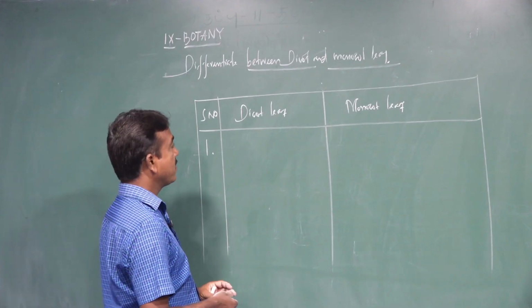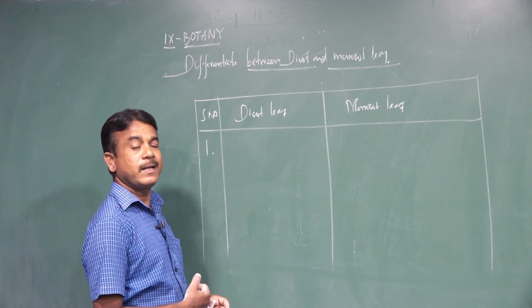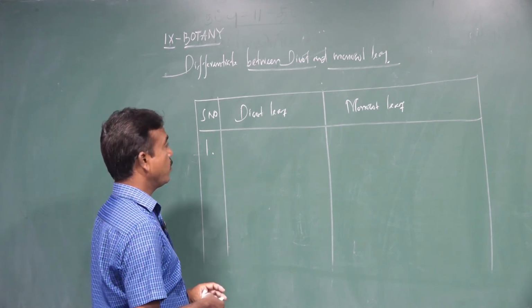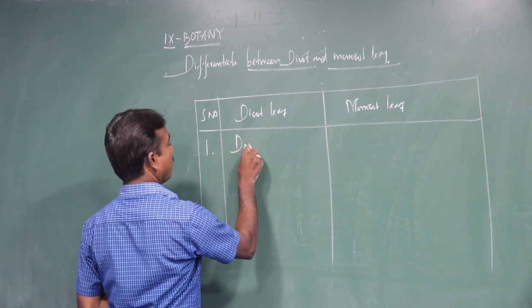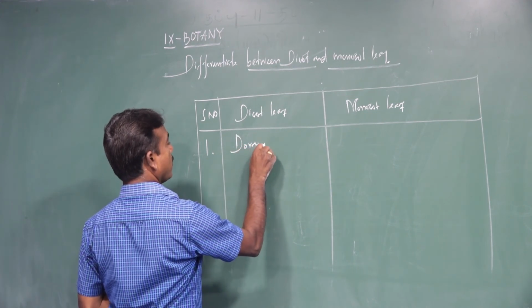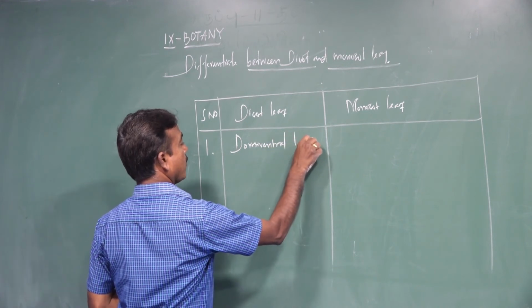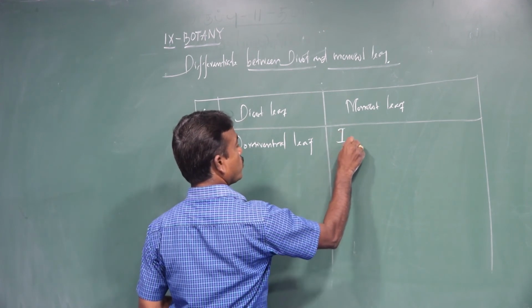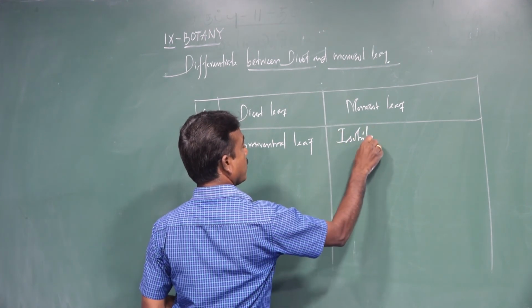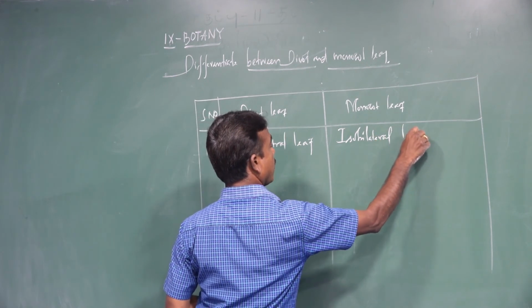Then we have to discuss the differences between dicot leaf and monocot leaves. First, dicot leaf is commonly called dorsiventral leaf. Monocot leaf is commonly called isobilateral leaf.